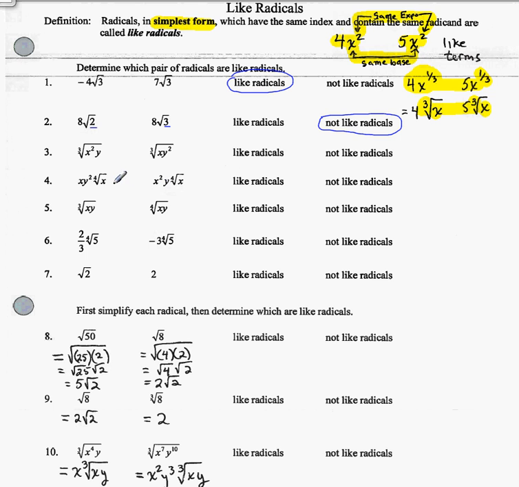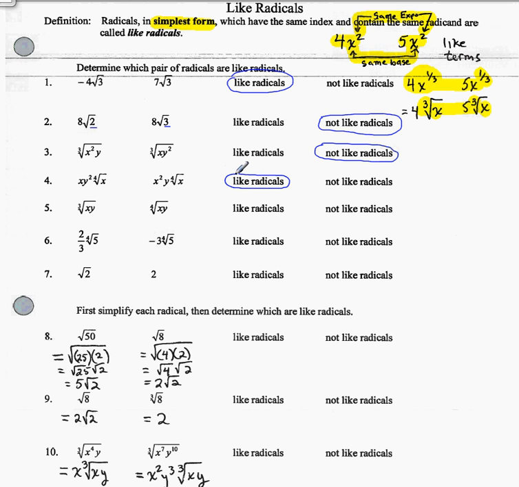The next one, the indices again are both 3, but if you look at the radicands, this one has an x squared and this one doesn't, so these are not like radicals. The next one, I got the fourth root of x and I got the fourth root of x again. The indices are the same and the radicands are the same, so these are considered like radicals.